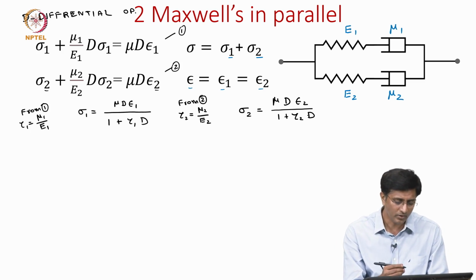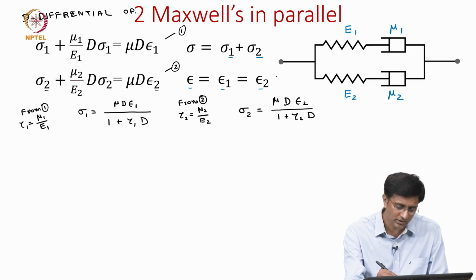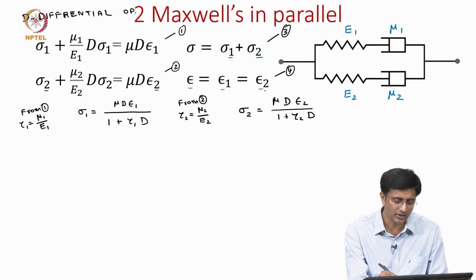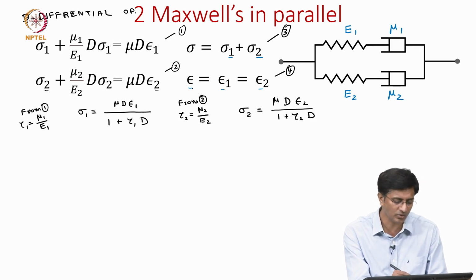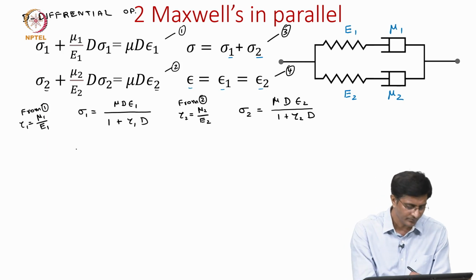Now, let us again number these equations as 3 and 4. Looking at the kinematic equation, we can replace the strain in the Maxwell elements with the overall strain epsilon.